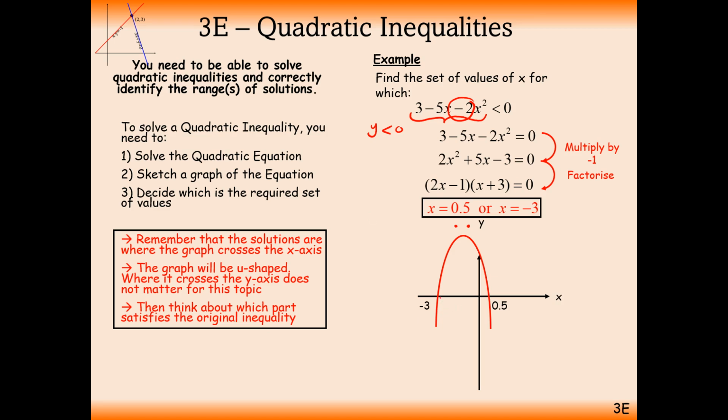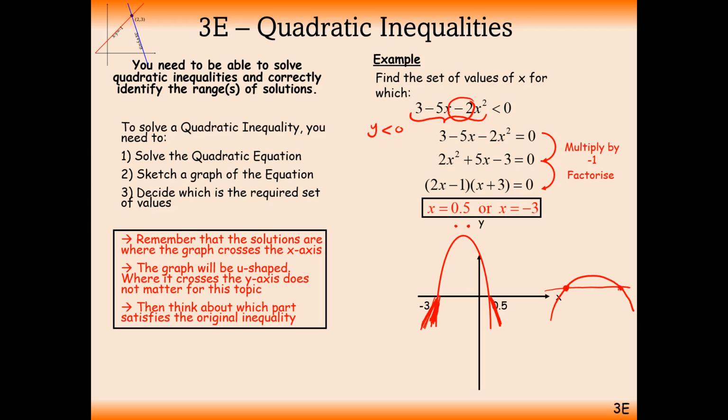In this case, y less than 0 means go under the x-axis one more time, here and here. I'm exaggerating the shape of the graph, because it would be something like so.